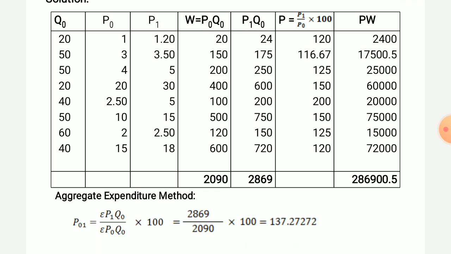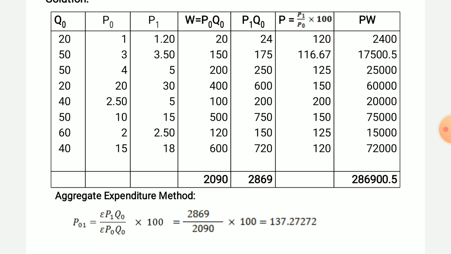So here the base year quantity we have taken in the first column, the base year price in the second column, and in the third column we have written the current year price. Therefore W is equal to weights, which is equal to P0Q0.